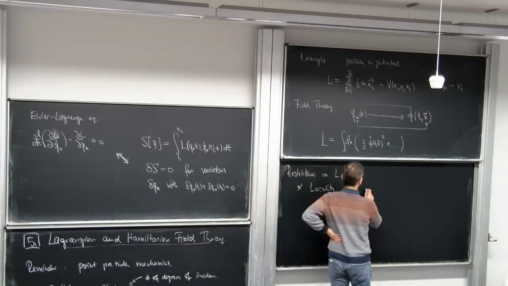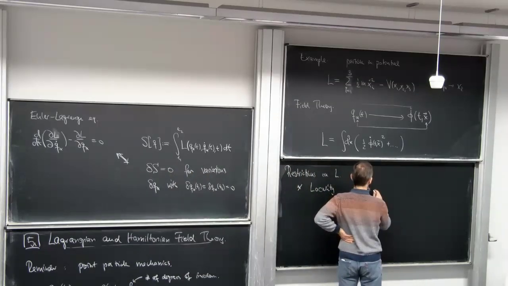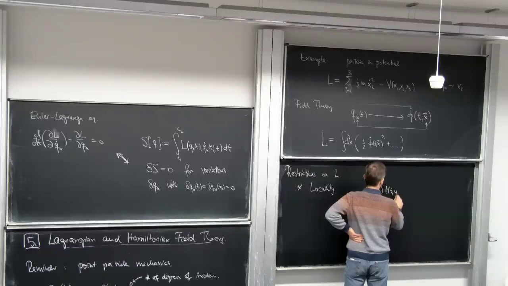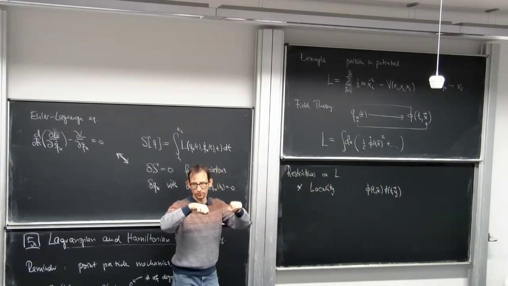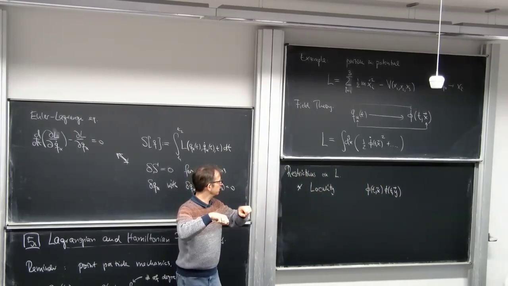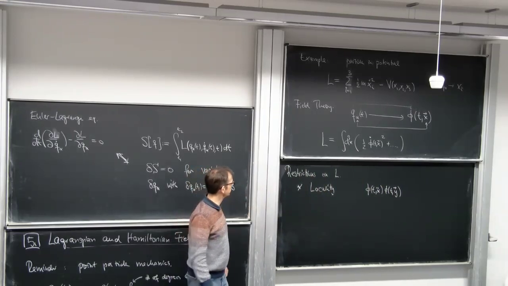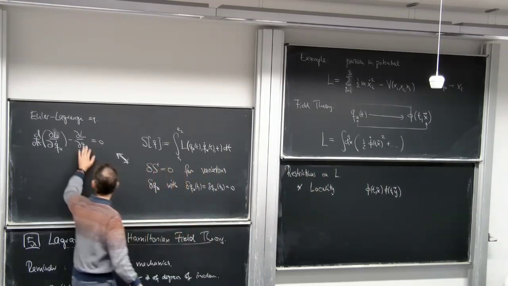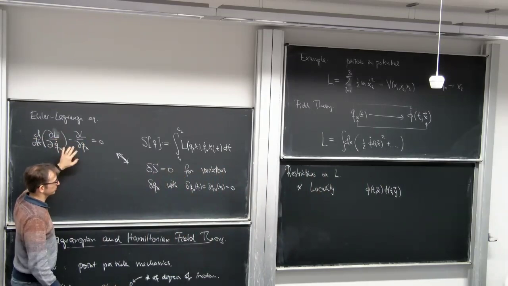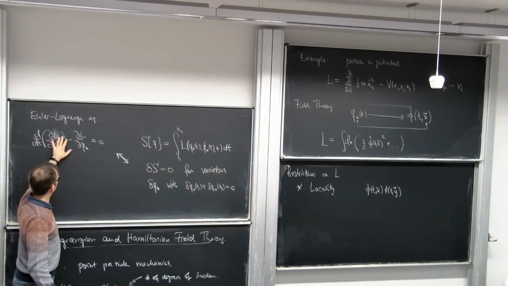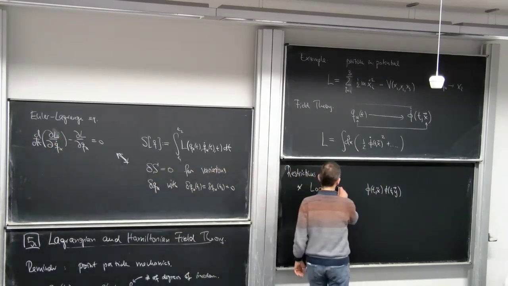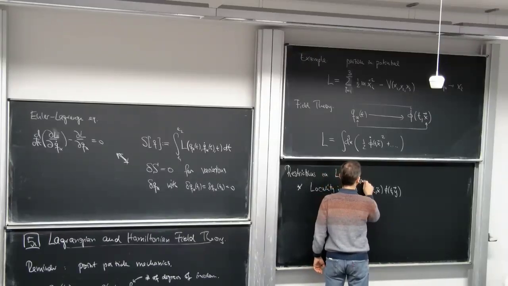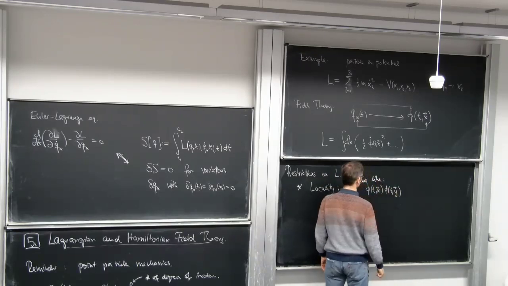If I write a term in this L which looks like this, like one degree of freedom at x and one at y, where x is different from y, this violates my locality, because if I derive my equations of motion, which we haven't written down yet, maybe we'll do this tomorrow, then this equation will have fields at x and fields at y. So this says no terms like this.